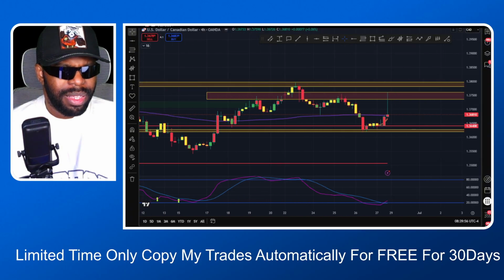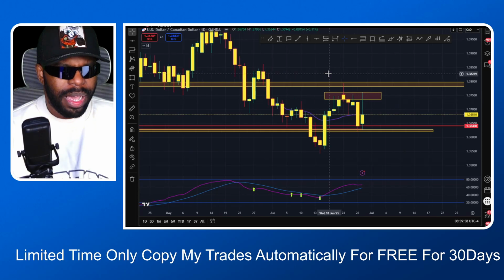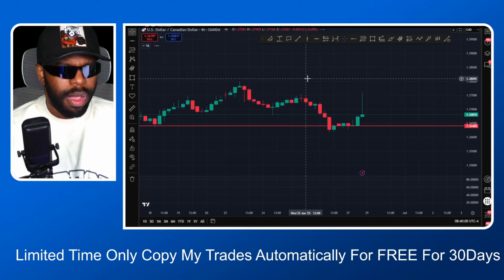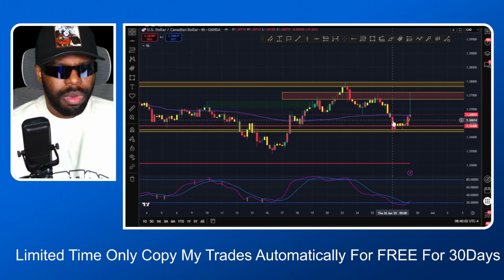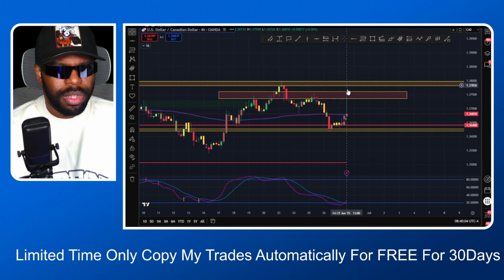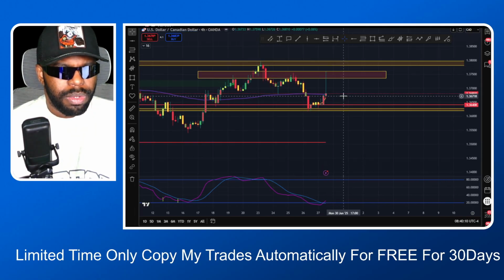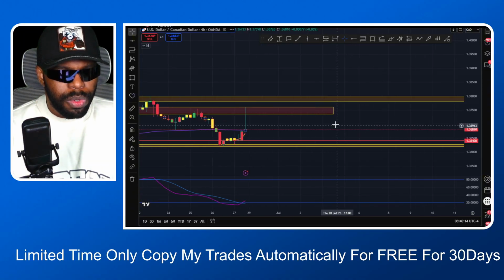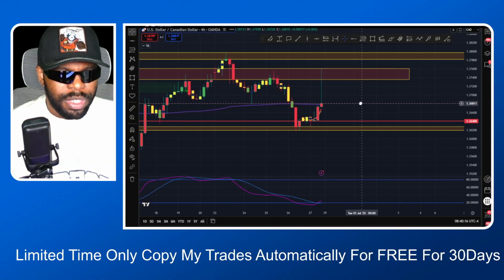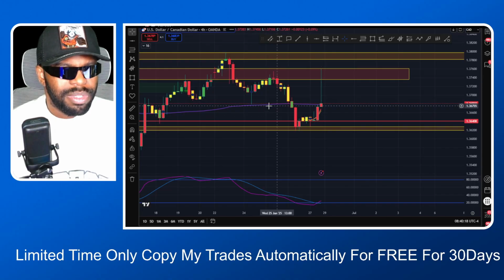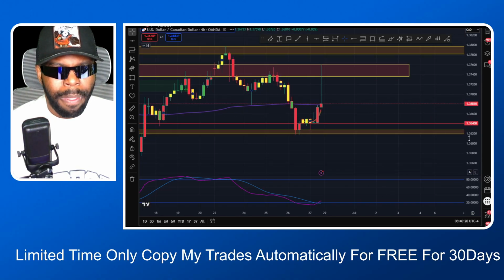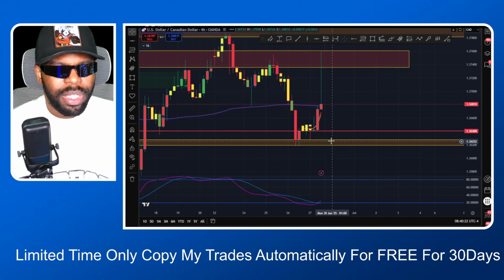Okay. So going into this week on USD CAD, we're still kind of bullish, kind of. But then again, we also look like we're kind of bearish at the moment on the 4 hour. So as you can see, we're bearish. We're getting a strong rejection off of this U.S. session high here, and we could start seeing some sales. But going into this week, I want to see some type of strong reaction off of these previous weekly highs and lows.